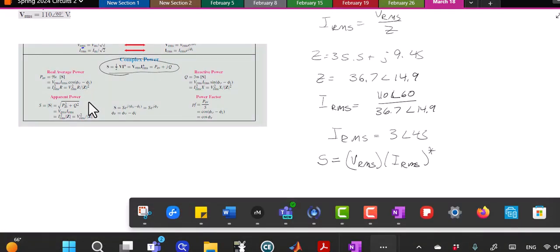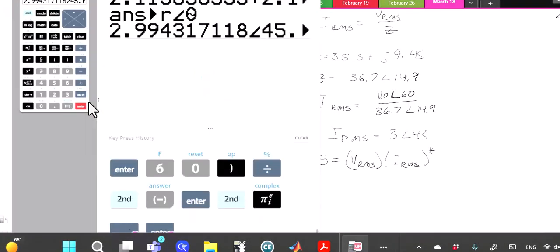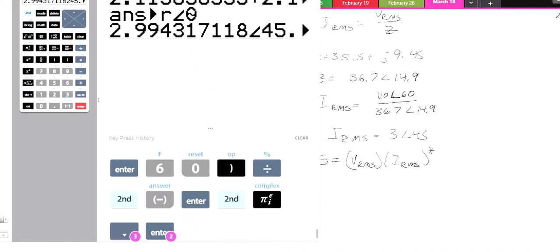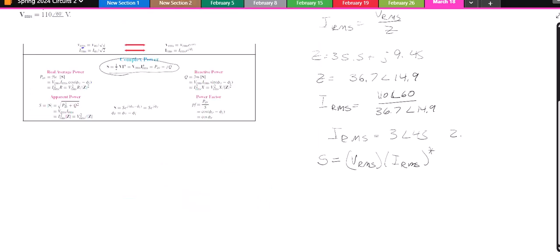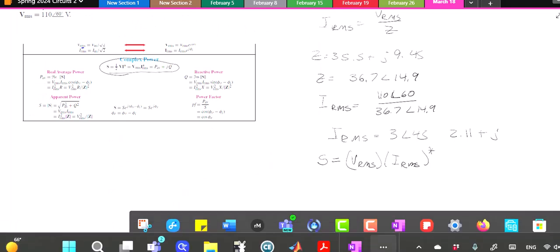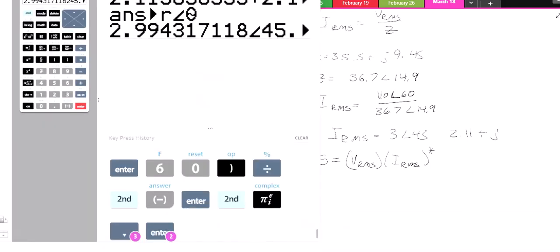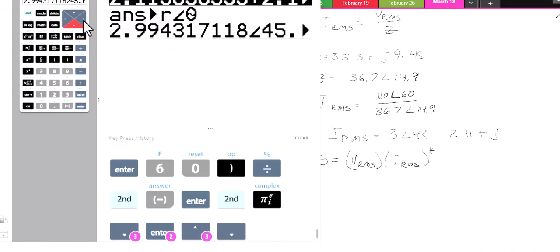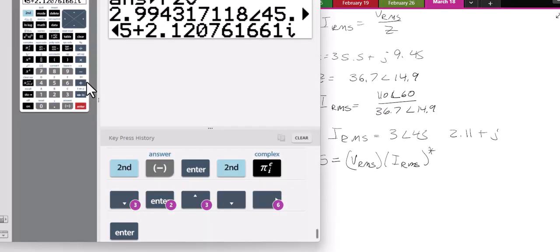So let me go back and get what it was in rectangular. Our current was 2.11 plus J 2.12.